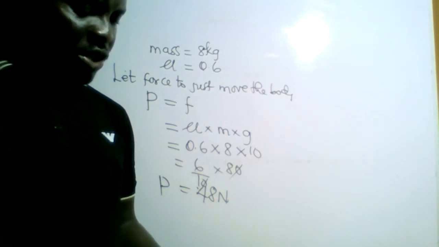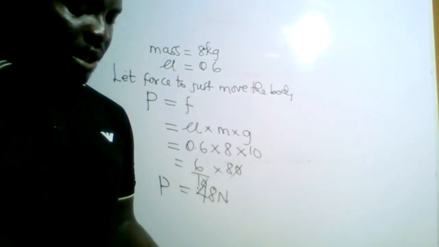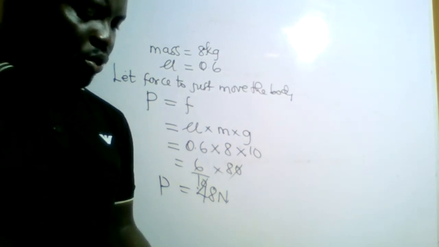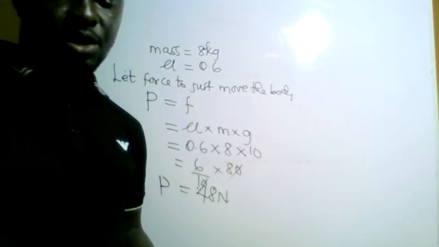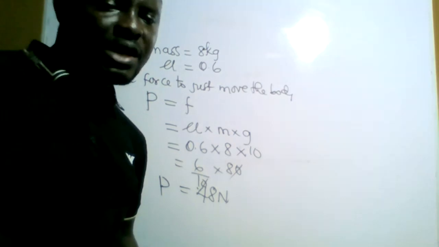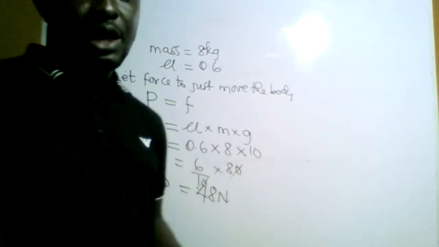If the coefficient of friction is 0.5, find the acceleration with which the particle moves. Class, can you give it a try first?